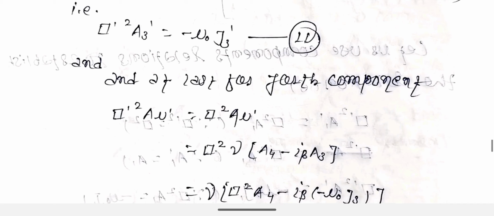That is, box dash squared A3 dash is equal to minus mu naught J3 dash. This is equation 11, friends.